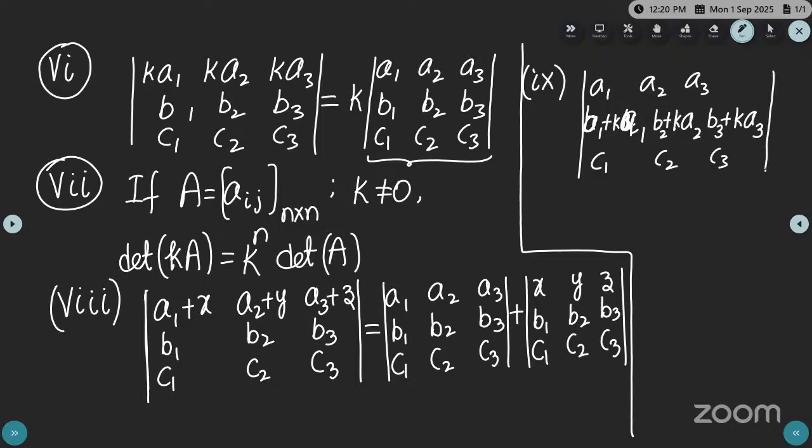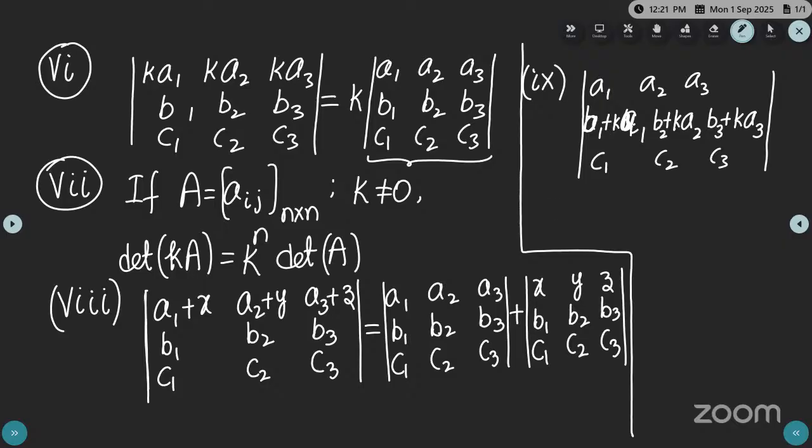Listen. Here, in a1 a2 a3, b1 b2 b3, c1 c2 c3, first row elements are multiplied by k and added to the corresponding elements of second row: b1 plus k a1, b2 plus k a2, b3 plus k a3, c1 c2 c3.